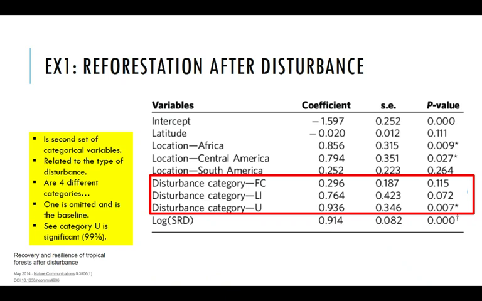And so, if I knew what the omitted category was, we'd be saying, look, this disturbance category U matters in relation to what we're seeing with other disturbance categories, the omitted category, that the rate of deforestation is different when the disturbance is in category U relative to when the disturbance is in the baseline.